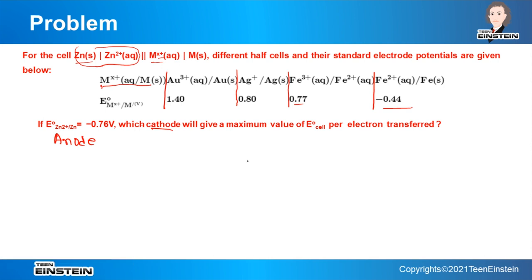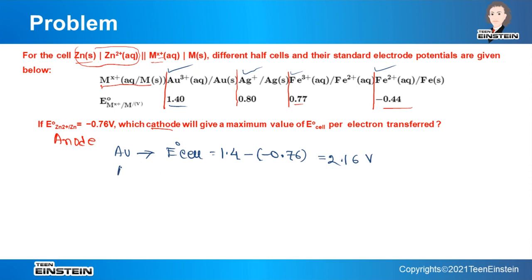So how to calculate that? How to understand in which case it will give the maximum value? What we will do is find the E0 cell for each system. For the gold system, first I will write the cathode value, that is 1.4 minus 0.76, so this will be 2.16.